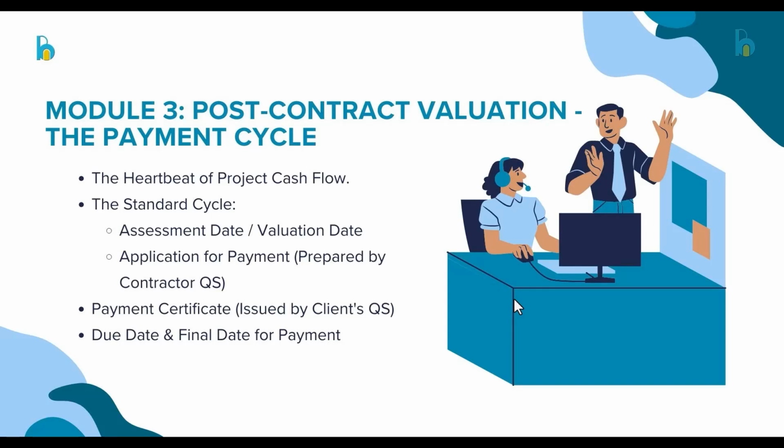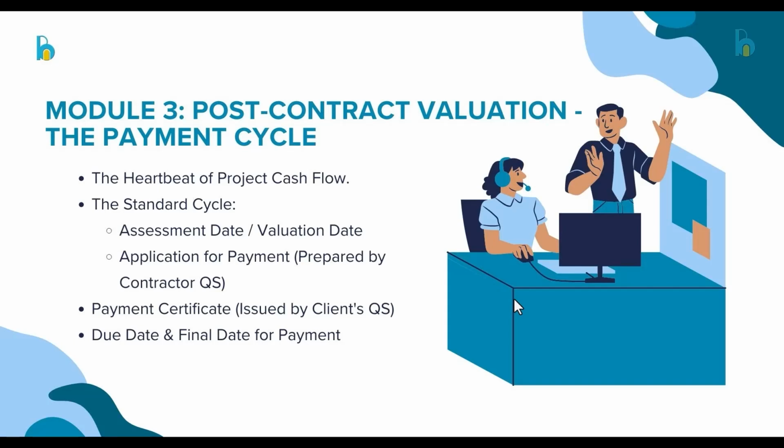Each of these payments and assessments has its own due date. Due to the contract agreement, it might be 14 days, it might be 15 days, within which a client needs to issue the payment certificate to the contractor, unless there is an issue whereby he is unable to do that, or there are some verifications they need to do which will lead to extra time to release the payment certificate.